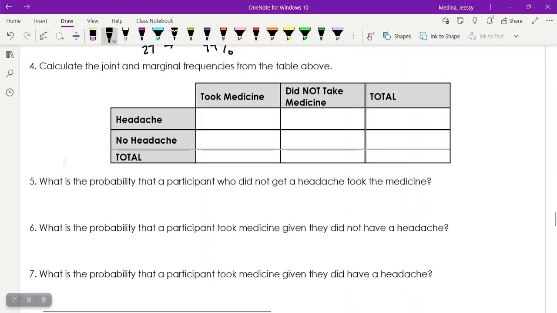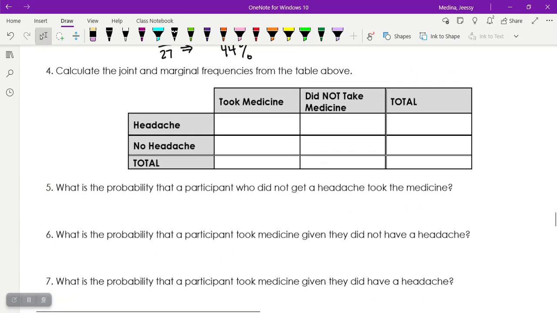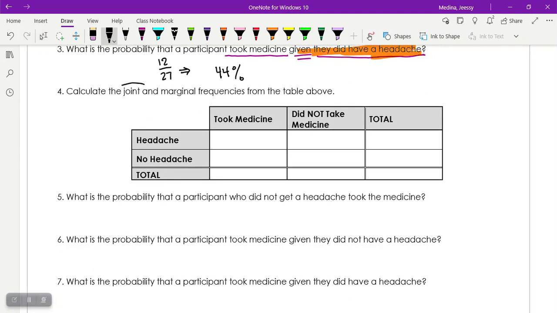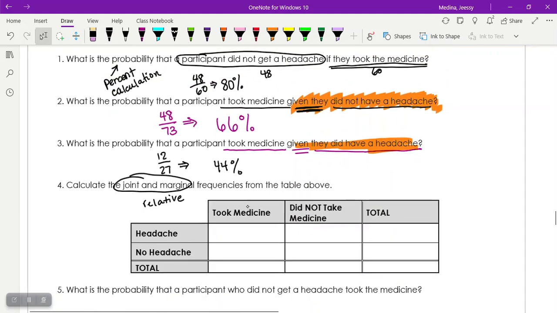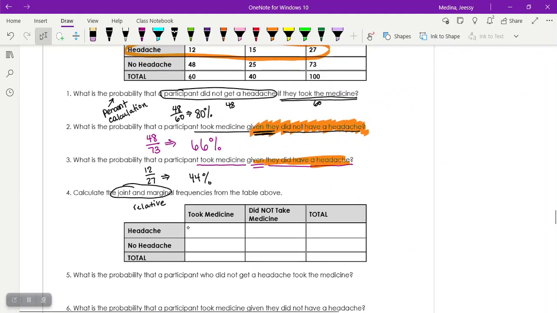All right, they want us to calculate the joint. Basically, the joint and marginal is going to be the relative frequencies, okay? The relative frequencies. And we have the numbers up here, so please start dividing so it doesn't become a joke. Here we go. So it's going to be 12 divided, oh, all of these are divided by 100.